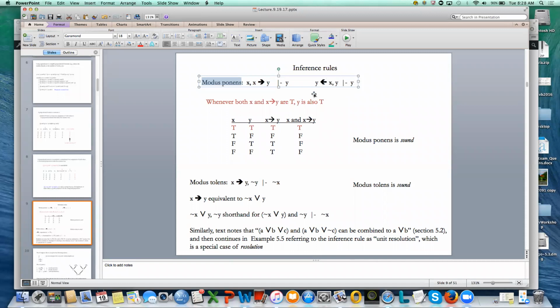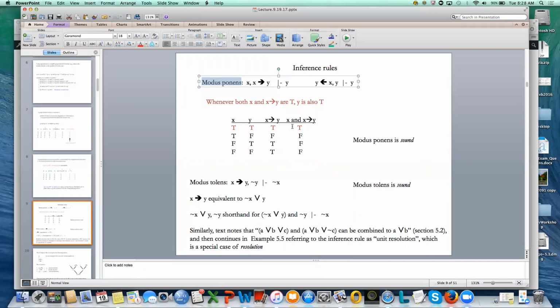I can write that the other way. It still implies, except the arrow is essentially going in the other way. I think of this as simply implication 2 using a different convention. You can verify this with truth tables. Here is the X column. Here is the X implies Y column.